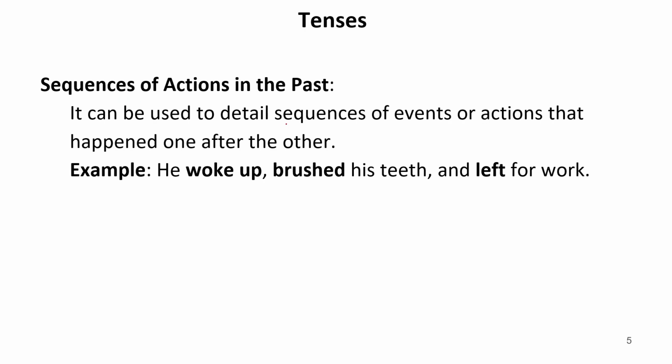It can be used to detail sequences of events or actions that happened one after the other. For example, a routine about someone: he woke up, brushed his teeth, and left for work. So there are simultaneous actions that have taken place in the past, and the routine is also written in past indefinite tense.